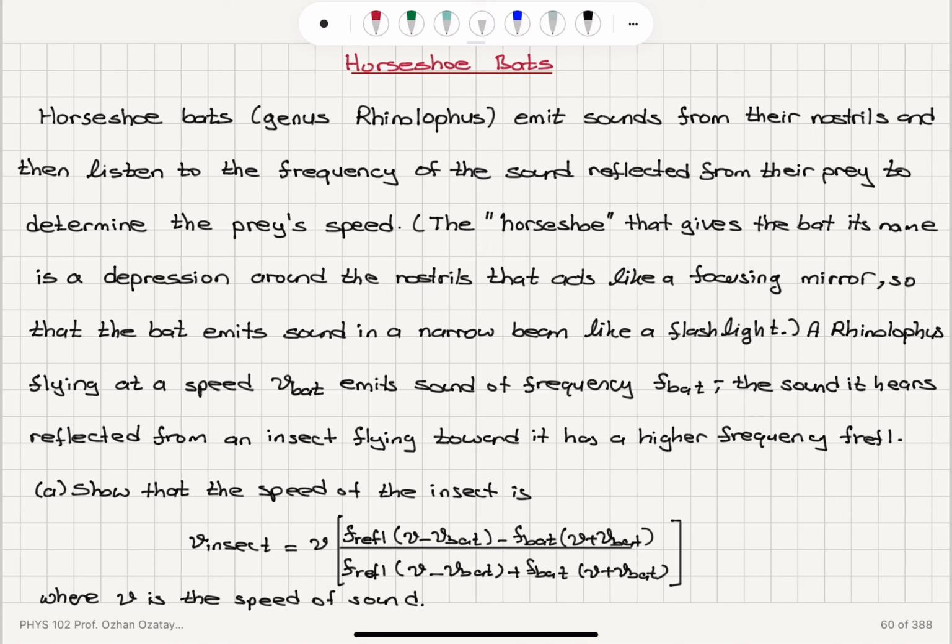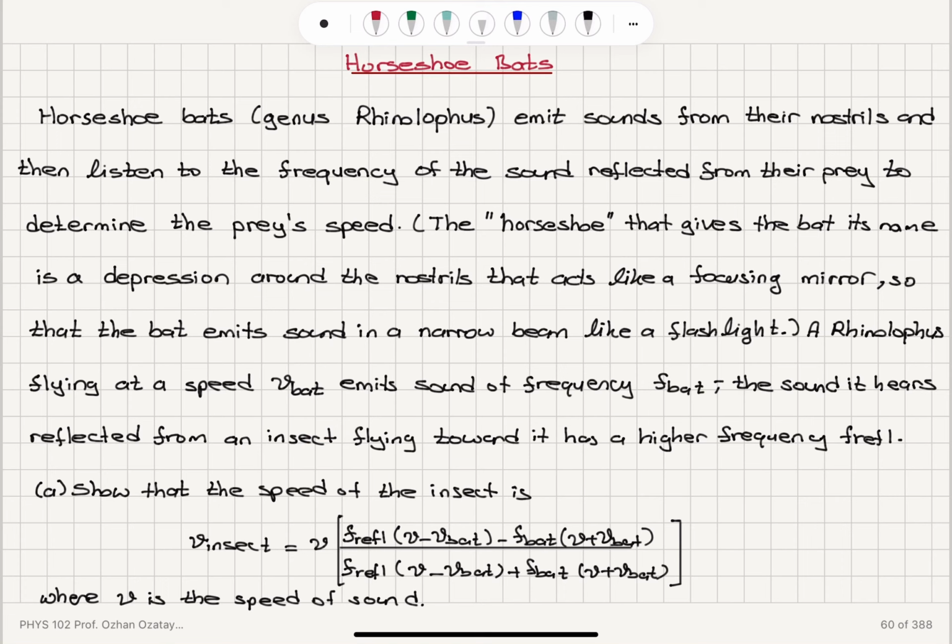So the bat is flying at a speed V bat, and there's an insect flying toward it at a speed V insect. And the sound the bat hears will be, first of all, the Doppler shifted sound that the insect hears, and the Doppler shifted sound of the reflected wave. So we will have twice Doppler shift.